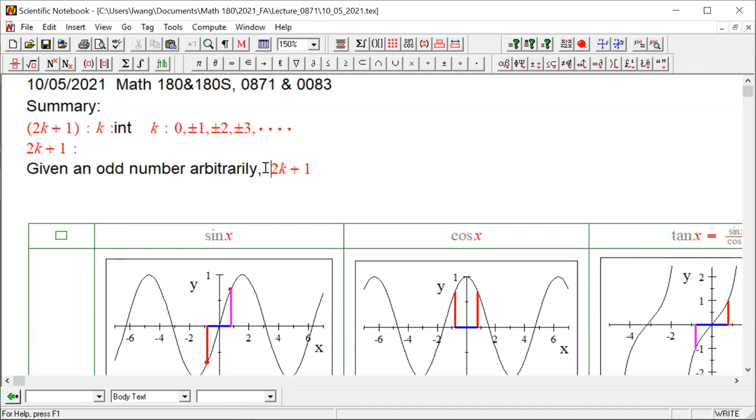Given an odd integer, there exists a k such that 2k plus 1 is the same as the given integer.